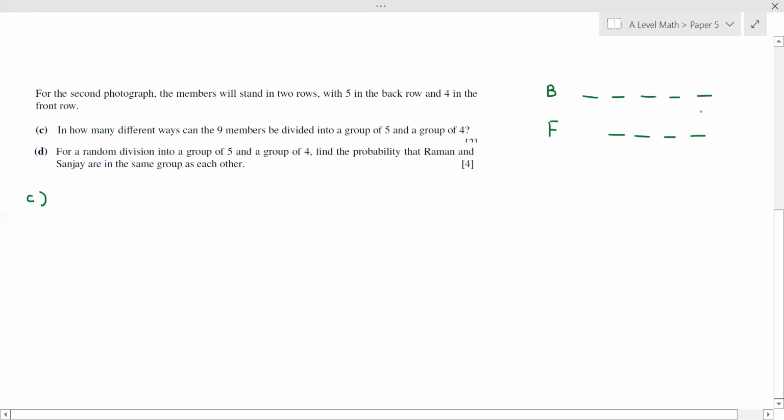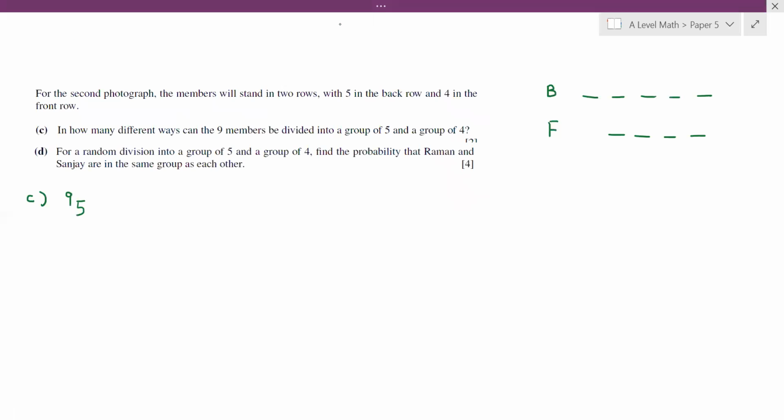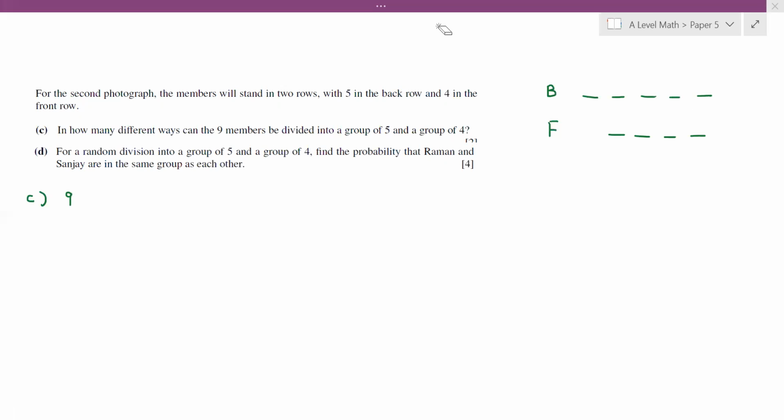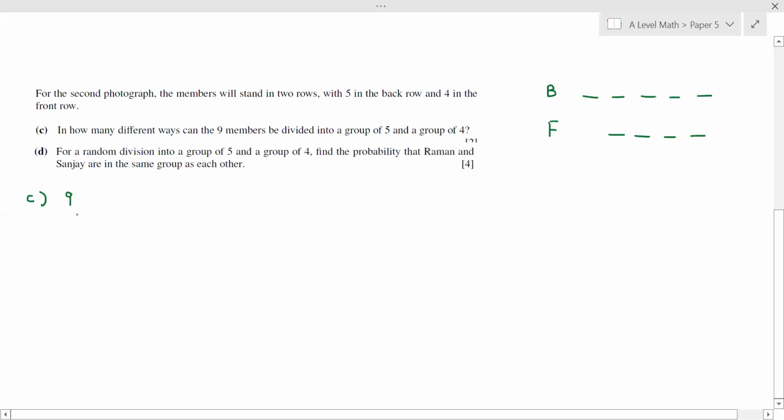If arrangement is not important within the group, we have a combination question. From 9 members, we need to choose 5 to be in the back row, and then the remaining 4 will go into the front row. That will give us 126.